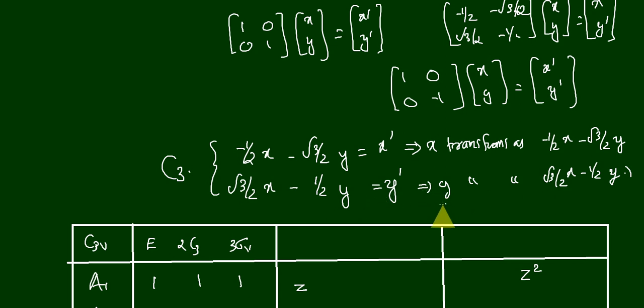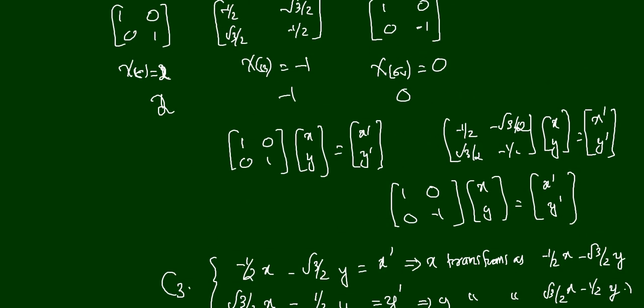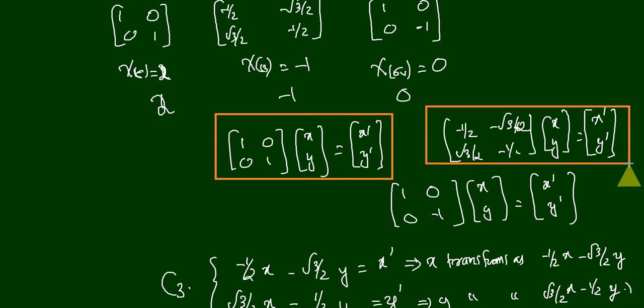operation. Okay, for the C3 operation, we have understood how x and y transform. Now, this matrix shows how they transform when the operation is carried out. Here, this corresponds to the matrix E, the transformation corresponding to E. And this one is the transformation corresponding to C3.